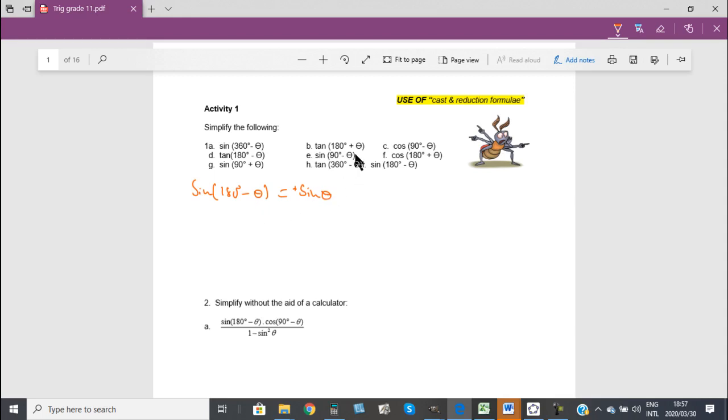And then we did tan of 180 minus theta. So tan, 180 minus, it's negative, so this is just negative tan of theta.